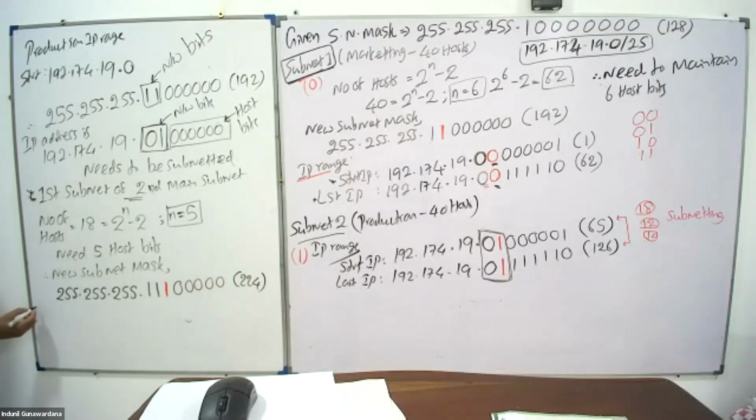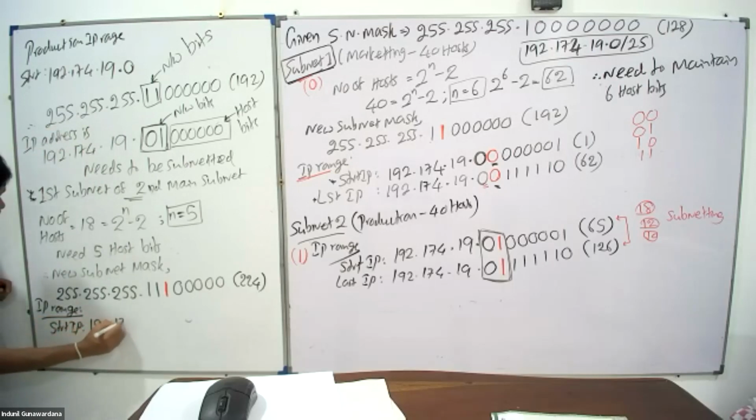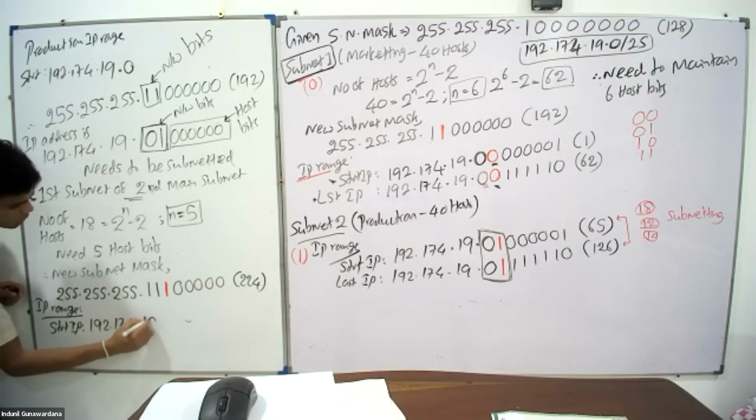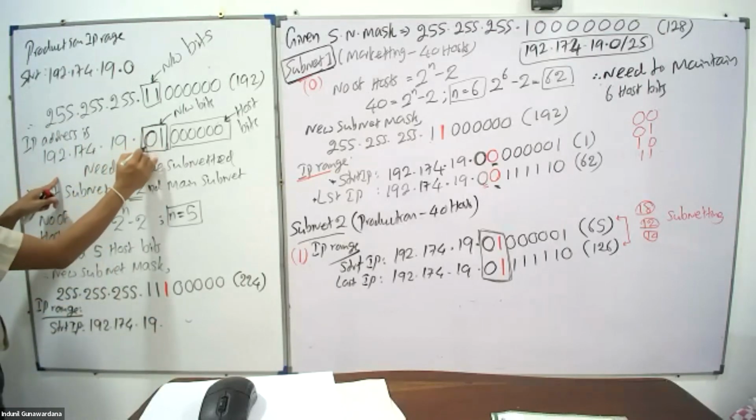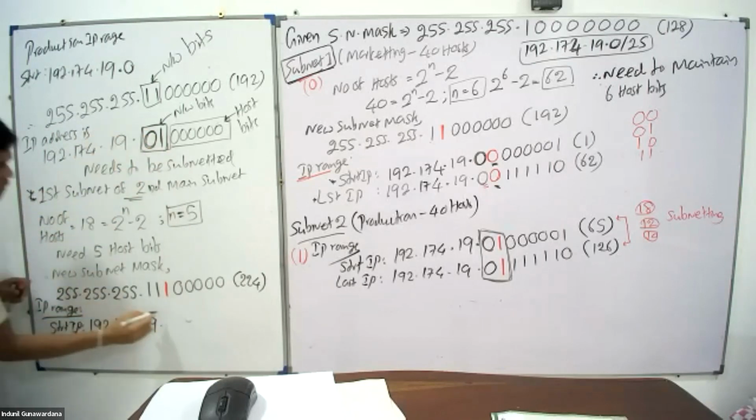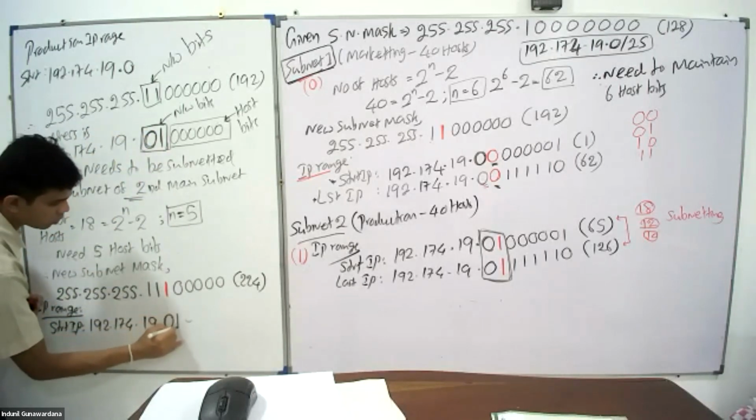Now I am going to go for the IP range. Then the start IP. So now the IP address goes like 192.174.19. First two bits have to be 0, 1 all the time, and there's network name 0, 1.